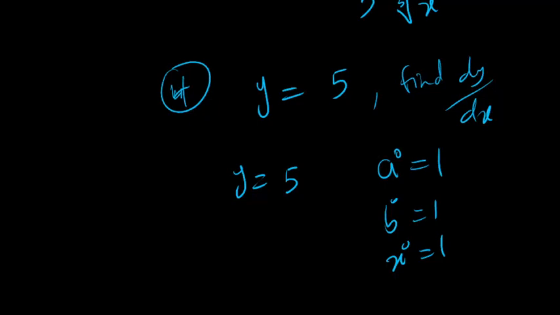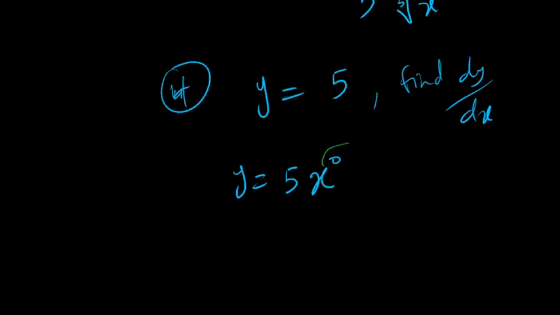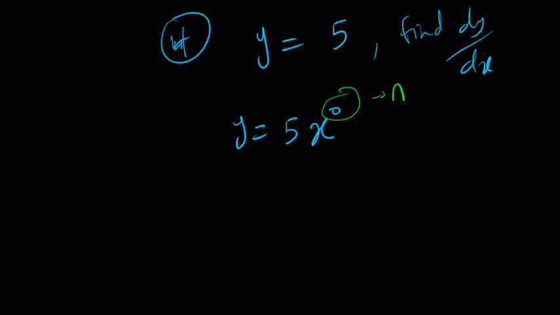That means instead of writing 5, I can write 5 times x raised to power 0. And that means I've introduced x to it. So this is my n. And to get dy dx, we have 5, and this 0 will come down.